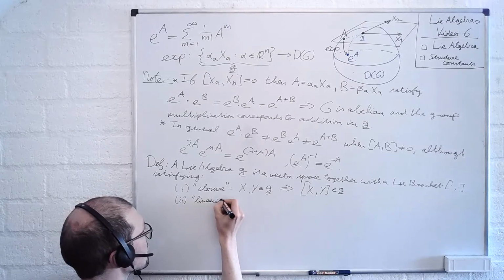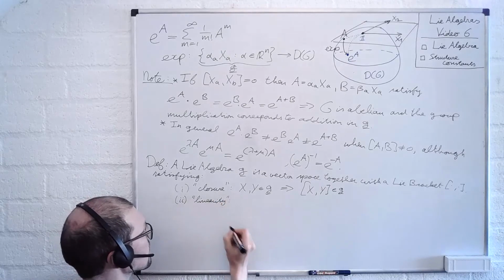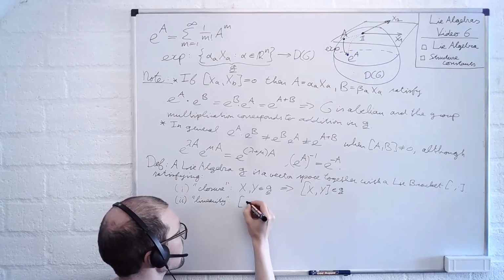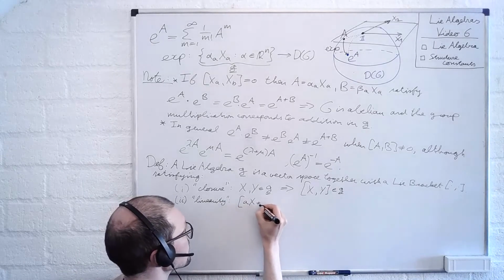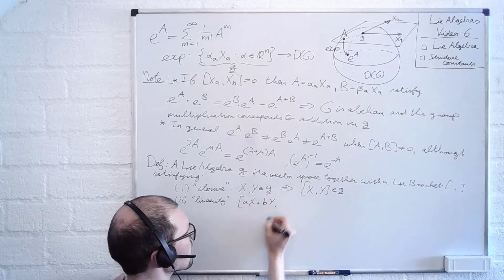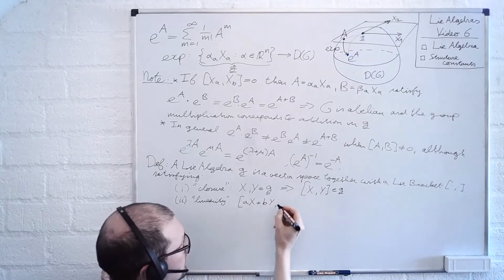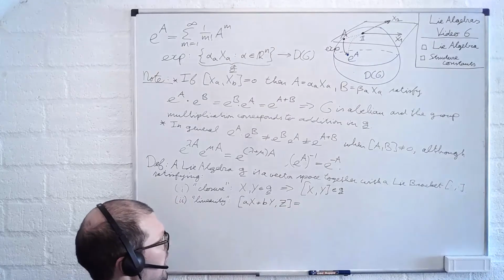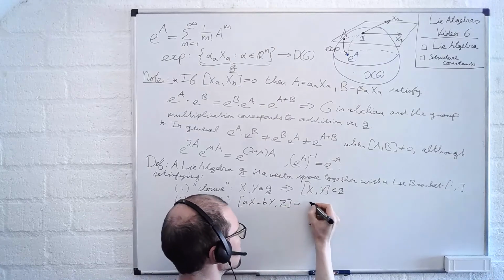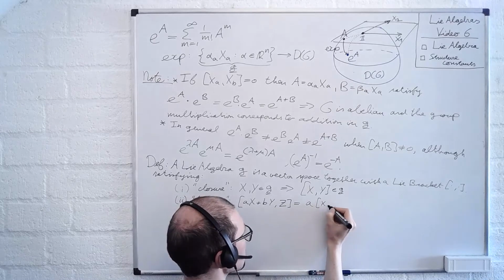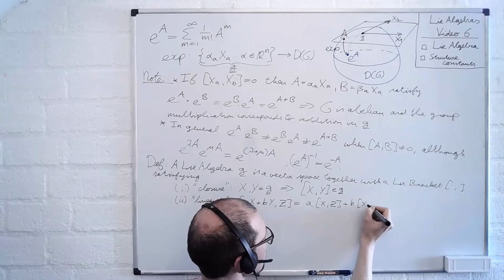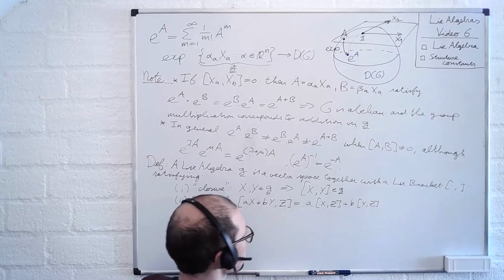Linearity, which is saying that if I look at the bracket of some linear combination of vectors, say in one of its slots, with another vector z, then it's going to expand linearly: a times the bracket of x with z plus b times the bracket of y with z.